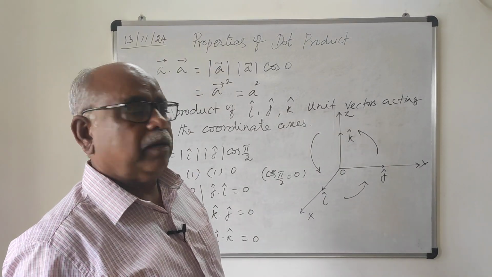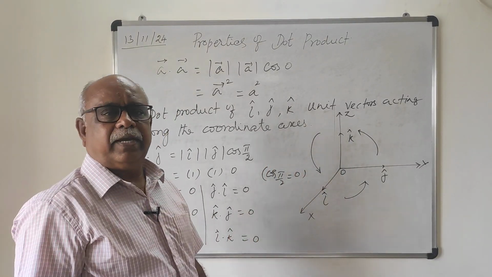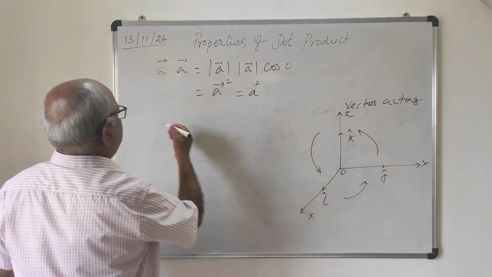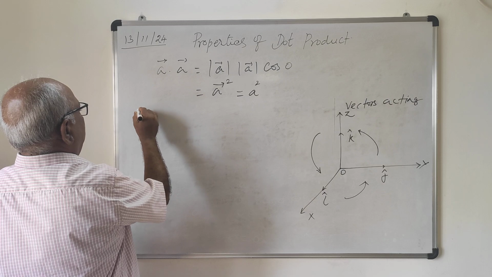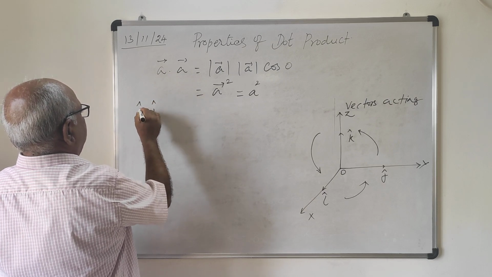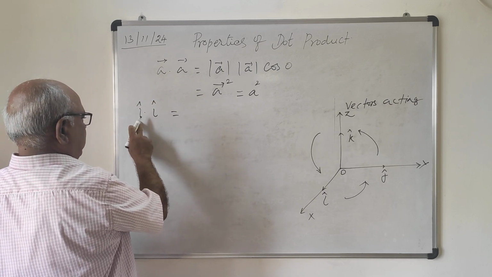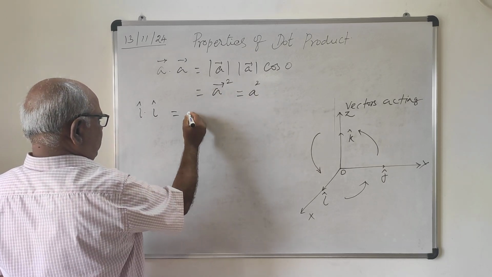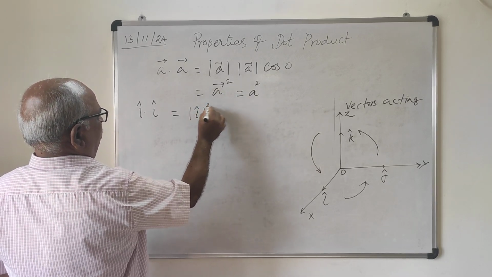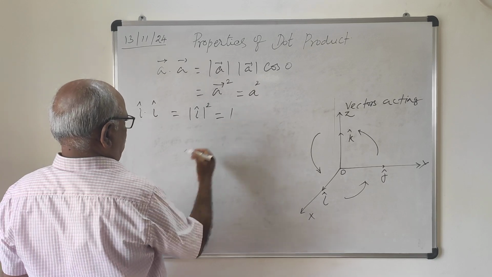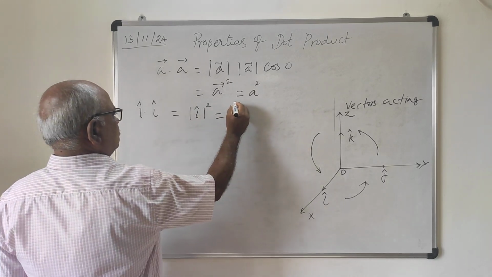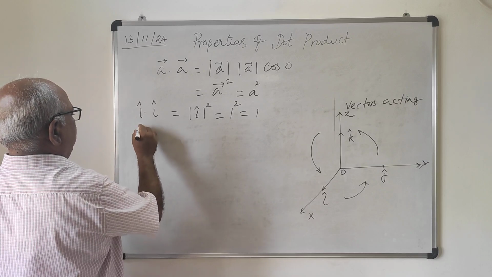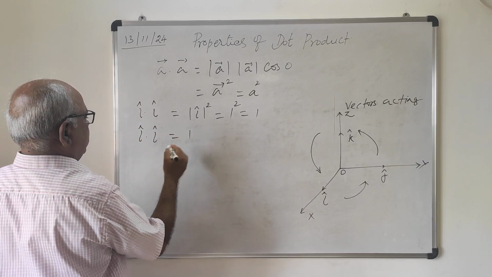Next, I am going to see the dot product of the same vectors. i dot i is a unit vector, mod of i square. Mod i is 1, therefore 1 square is 1. So i dot i is 1.